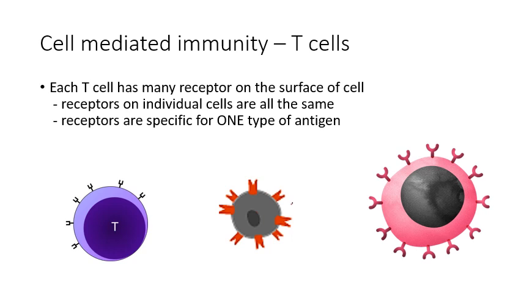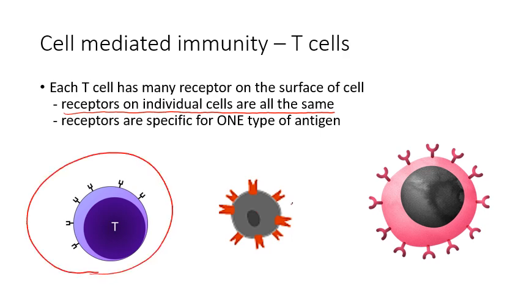Okay, so T cells are covered in receptors on the surface of their cells, just like a regular cell. However, the receptors that are on a T cell are all the same. Okay, so if we're looking at this purple T cell over here, you will notice that every single one of these receptors around it has the exact same shape.